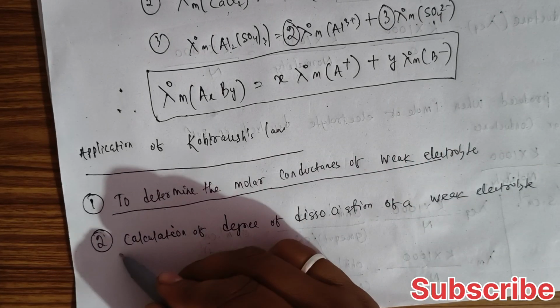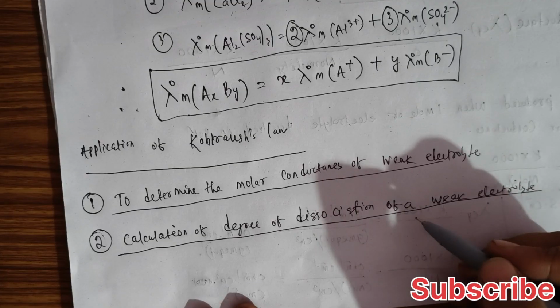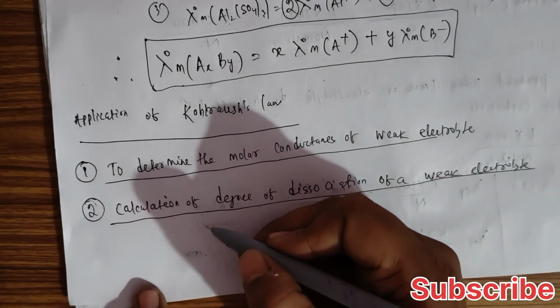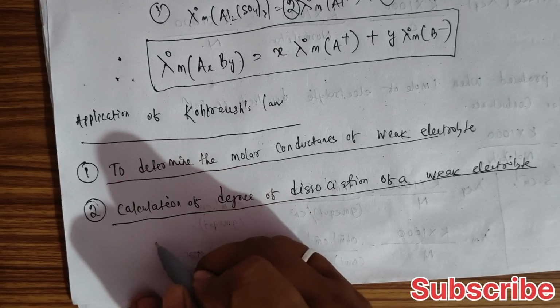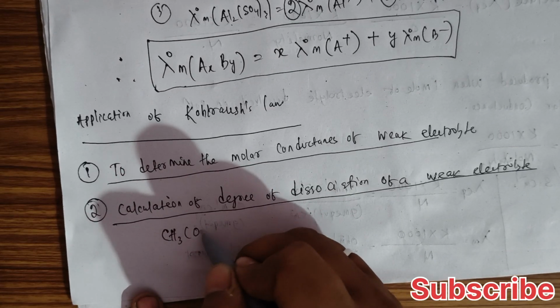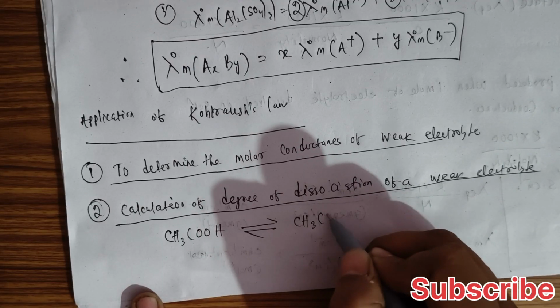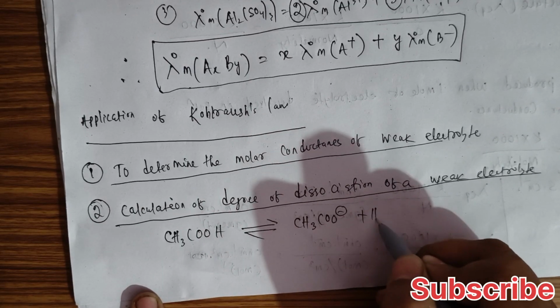First of all, let me write an equation for a weak electrolyte, that is CH3COOH. When it dissociates, it gives CH3COO minus and H plus.